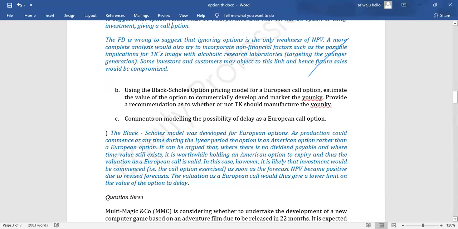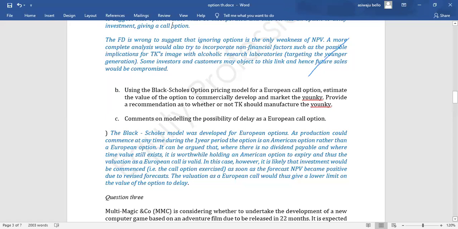As production could commence at any time during the 12-month period, the option is an American option rather than a European option.